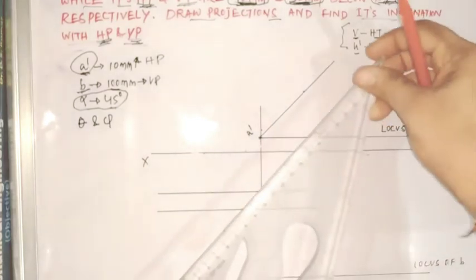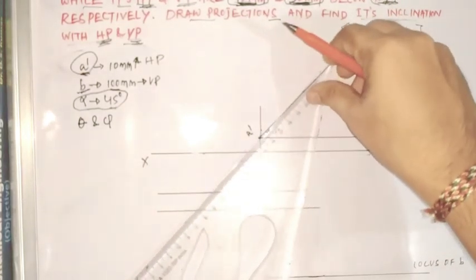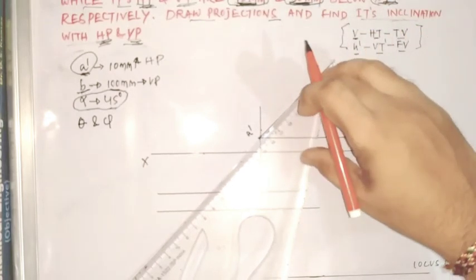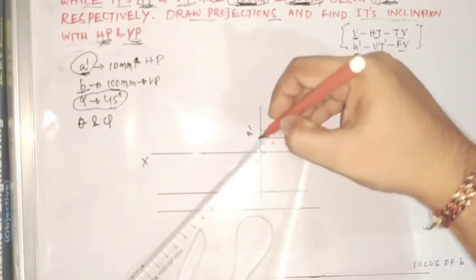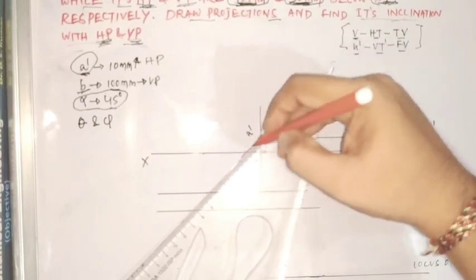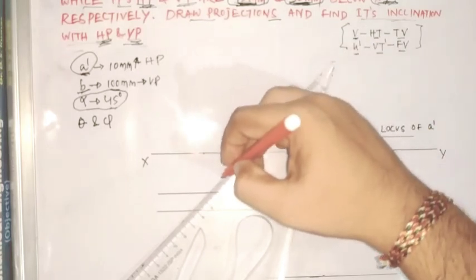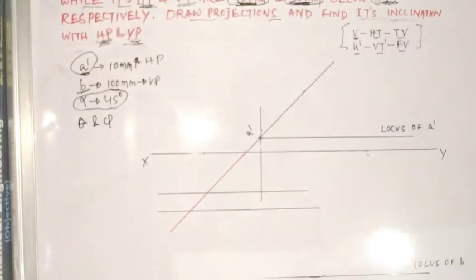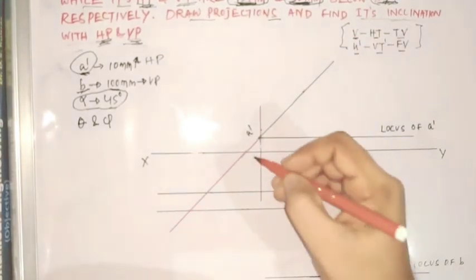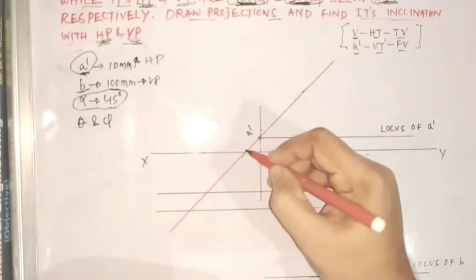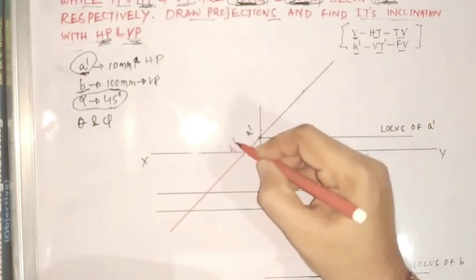So let me extend that one. If I extend that, it will intersect somewhere here. Then if I extend that one, then I can get a line like this. So this point I can tell is H dash.